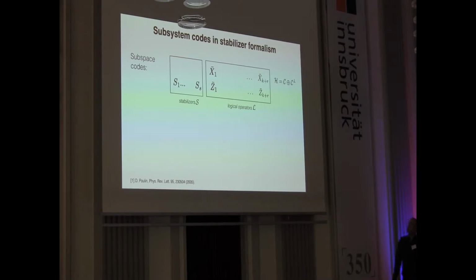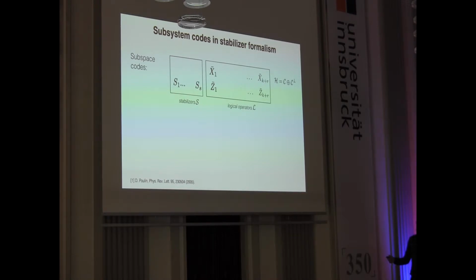Okay, to be more formal, let's briefly talk about quantum codes and subsystem codes. So let's say subsystem code in a stabilizer formalism. Again, I define a code in a stabilizer formalism by defining some commuting Paulis, here S, and this would define my code.